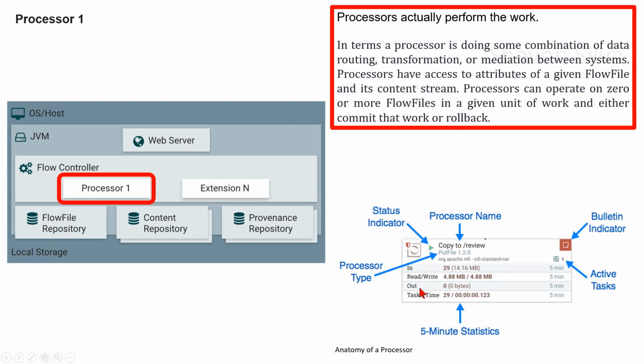Out. The amount of data that the processor has transferred to its outbound connections. This does not include flow files that the processor removed itself, or flow files that are routed to connections that are auto-terminated.